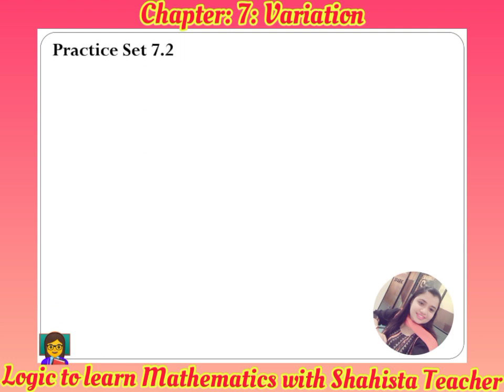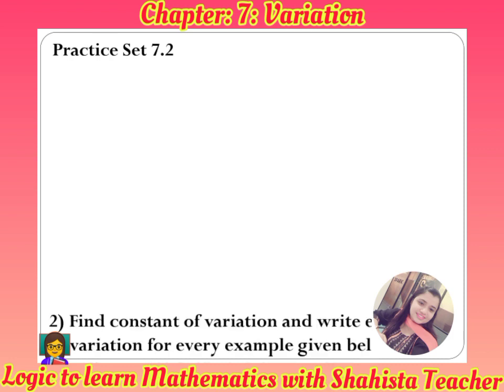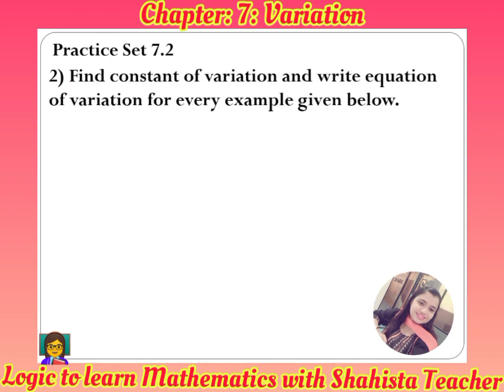Now let's solve practice set 7.2, which is based on this example. Now question number 2. Find the constant of variation and write the equation of variation for every example given below. Here we have to find the constant of variation and write the variation for every example.